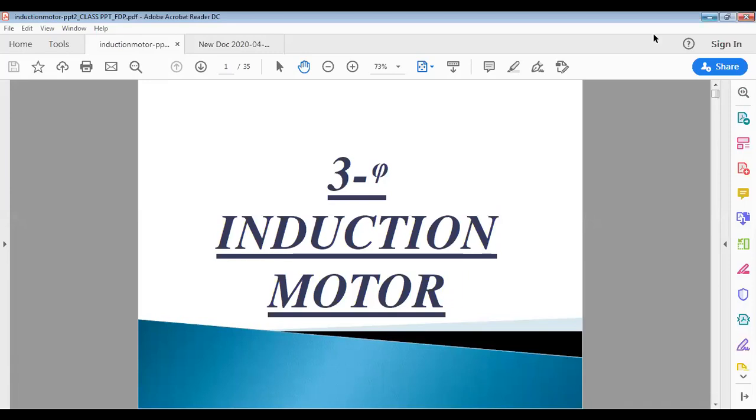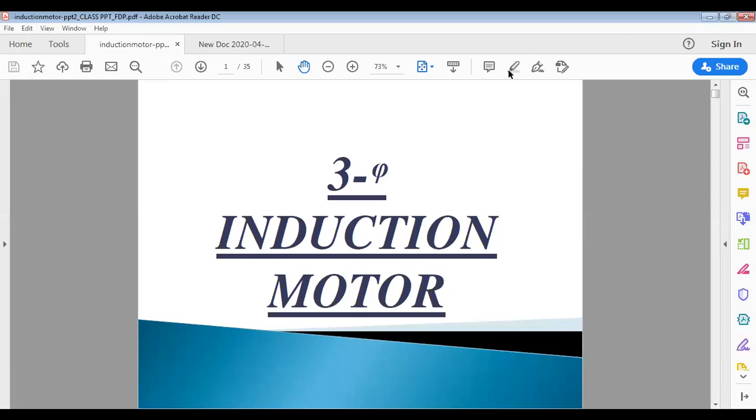In the fifth unit we learned DC machines, and in the sixth unit we are going to learn AC machines. In more detail we'll learn three-phase induction motor, and then single-phase induction motor, and then synchronous generator.